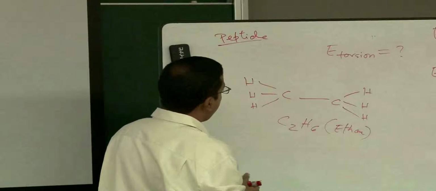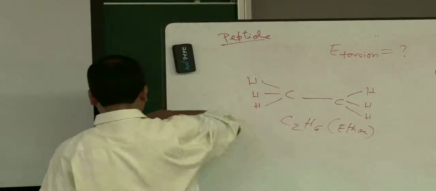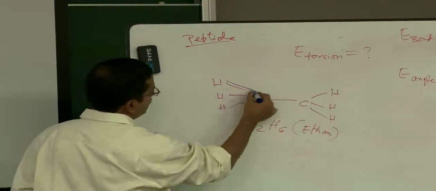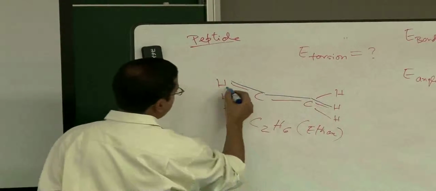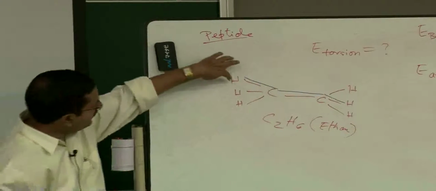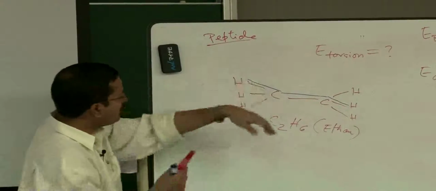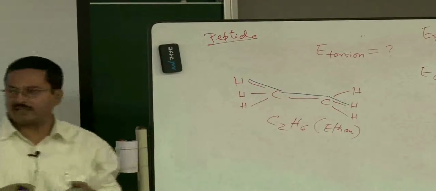let us say this is the angle we are talking about, torsion angle. There are 4 atoms, H, C, C, H, and there is one plane which has this, another plane which has these 3, and they have an angle.